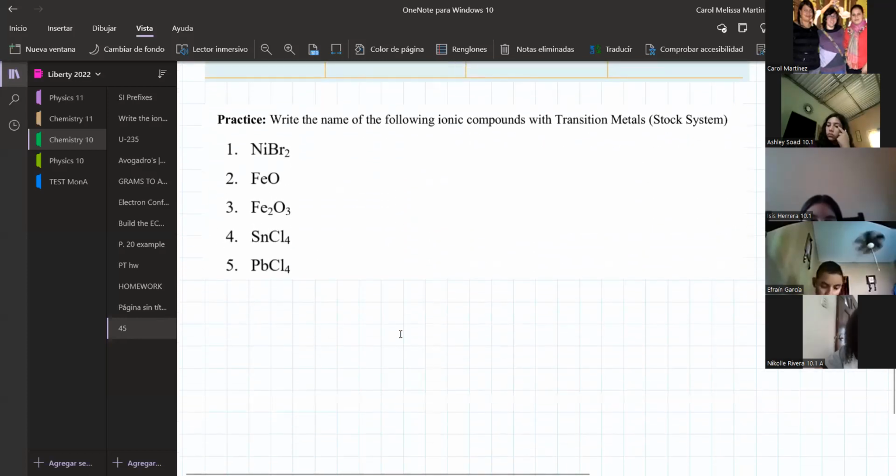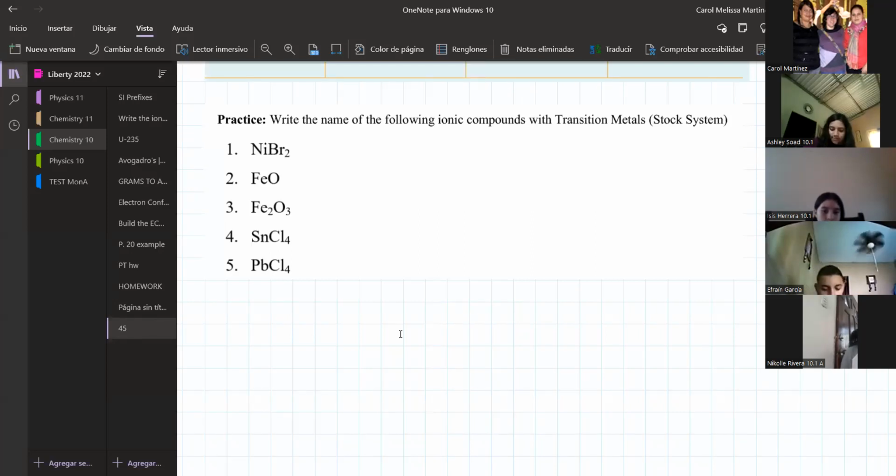On page 45, you have a practice, okay, that includes 15 exercises. Write the name of the following ionic compounds with transition metals by using the stock system. Now, one way to know is doing a procedure that is called oxidation number.